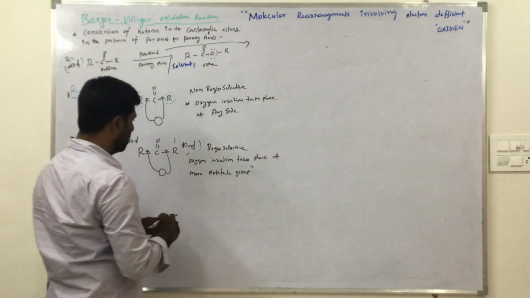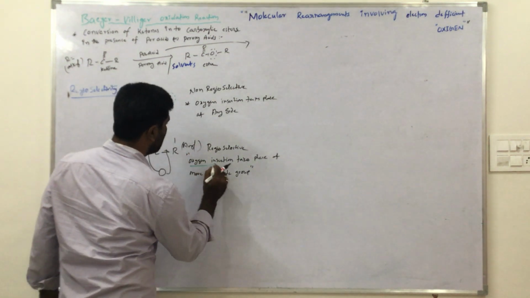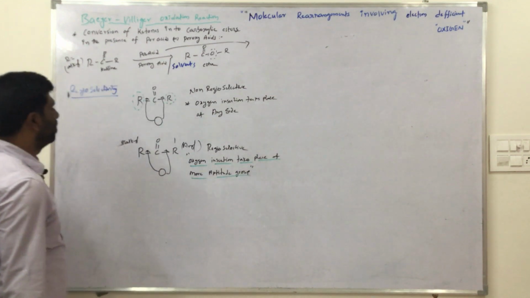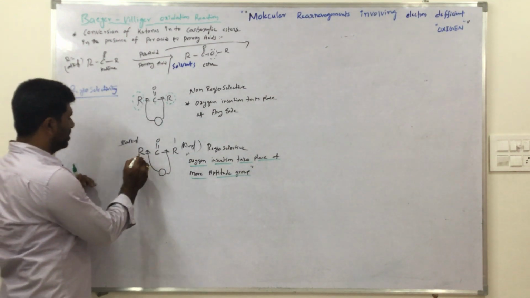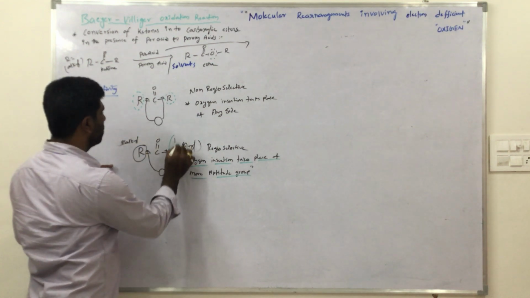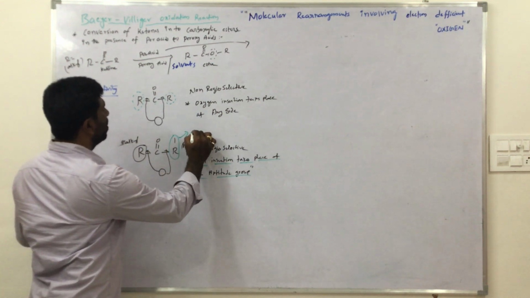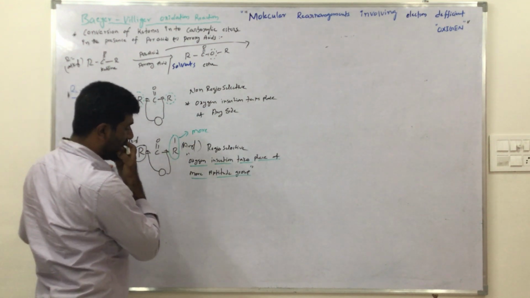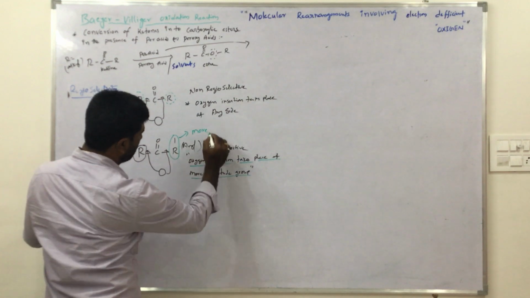This is very important. More aptitude insertion takes place at the more aptitude group. So here for these two compounds, this is the R group, this is the R prime group, this is the more aptitude group.